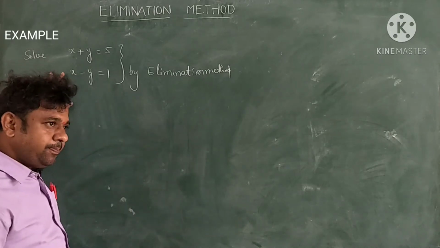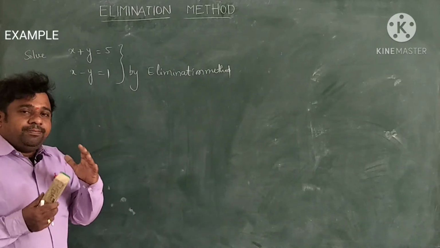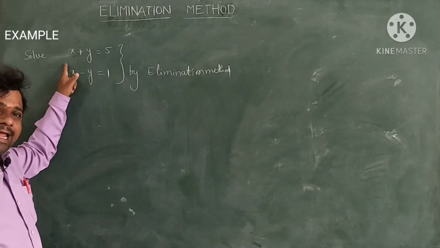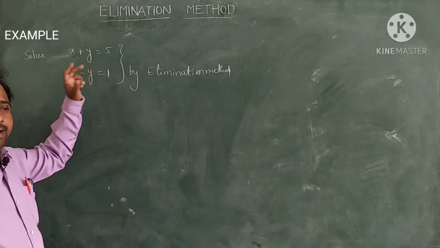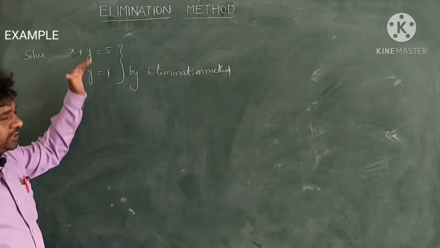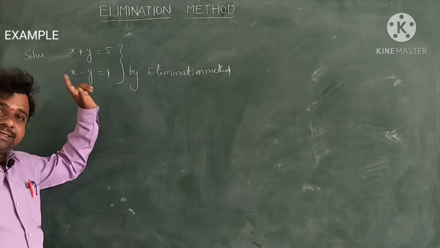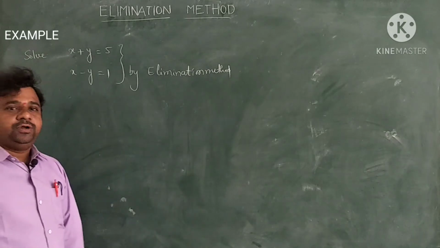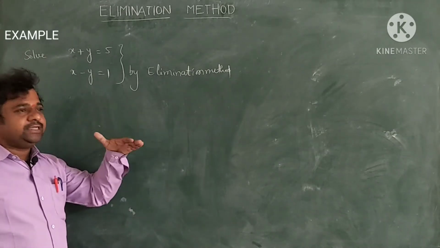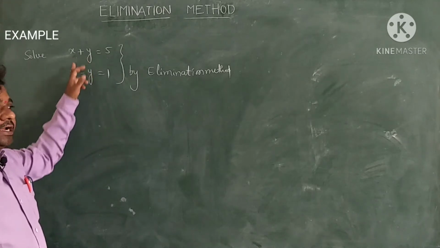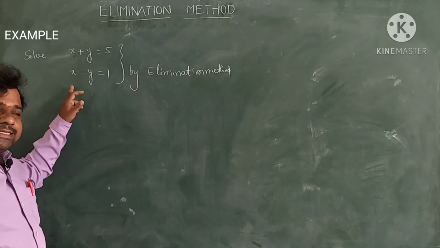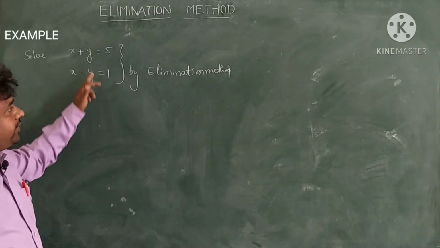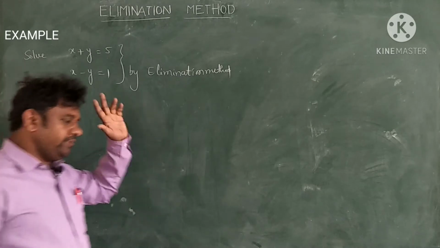For solving this pair, we must eliminate a variable, either x or y, by adding these two equations or subtracting these two equations. First of all, we can equalize the coefficients of either x or y.